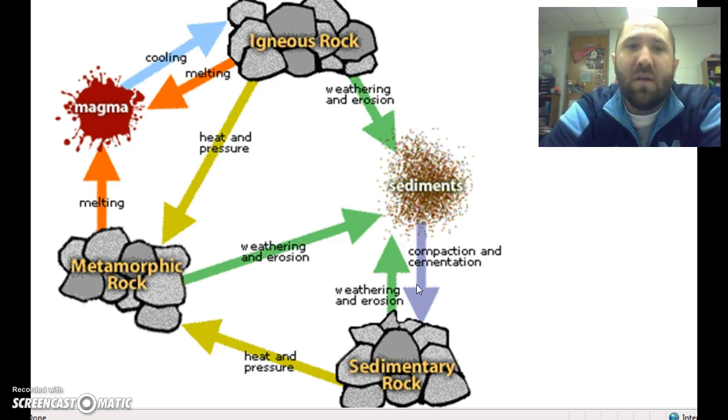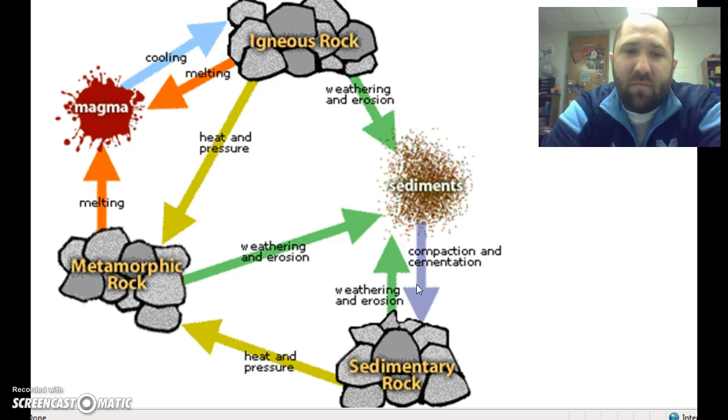So eventually gravity is going to take place and the sediment will be deposited into piles either at the mouth of a river, at the bottom of a hill or a valley, or possibly if it is flat land, then just wherever the wind dies down. It stays there for long enough that the sediment can become cemented and compacted together with other sediment to become a sedimentary rock.